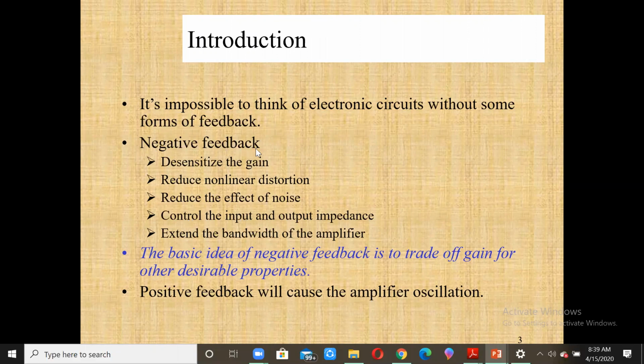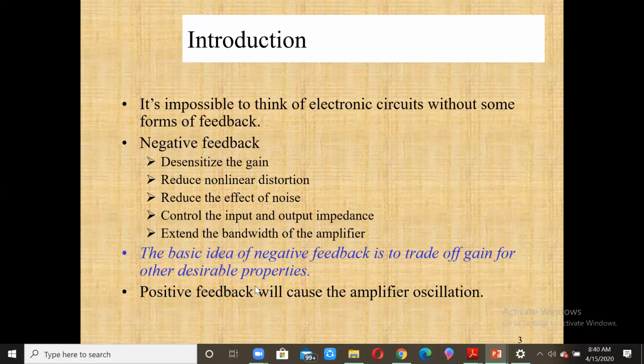There are quite a good number of advantages of negative feedback, and those are desensitizing the gain, reducing the nonlinear distortion, reducing the effect of noise, controlling the input and output impedance, and extending the bandwidth of the amplifier. What we do in negative feedback is to trade off the gain, allowing a reduction of the gain in exchange for obtaining the other desirable properties.